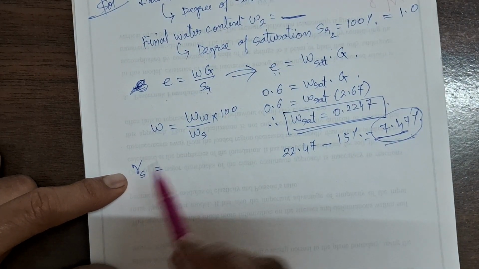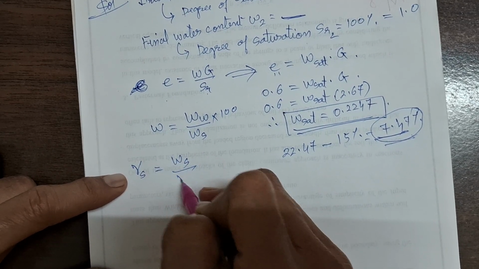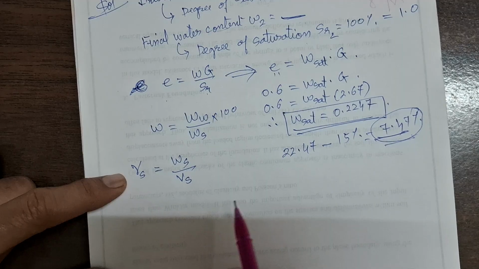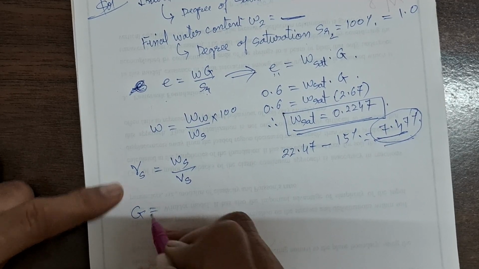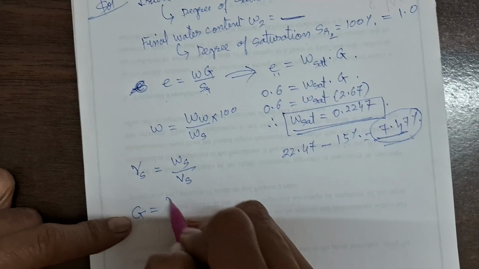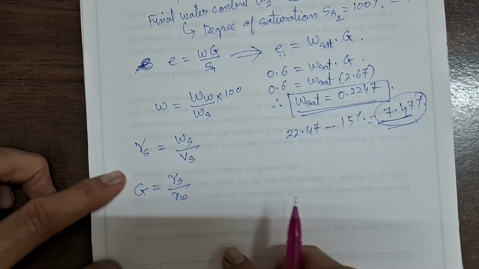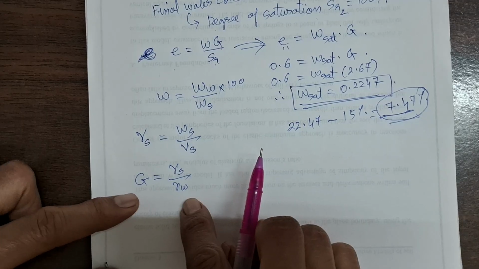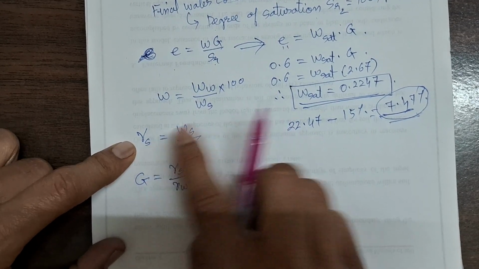Unit weight of soil solids is weight of solid upon volume of solids. Another formula we know: specific gravity G is equal to gamma S upon gamma W, unit weight of soil solids upon unit weight of water. Just substitute this value.